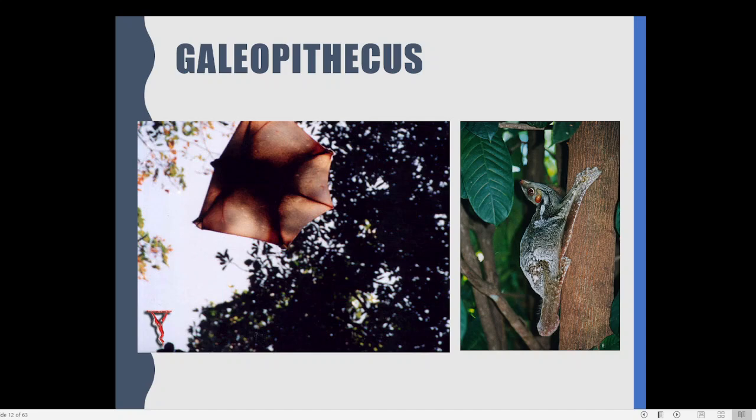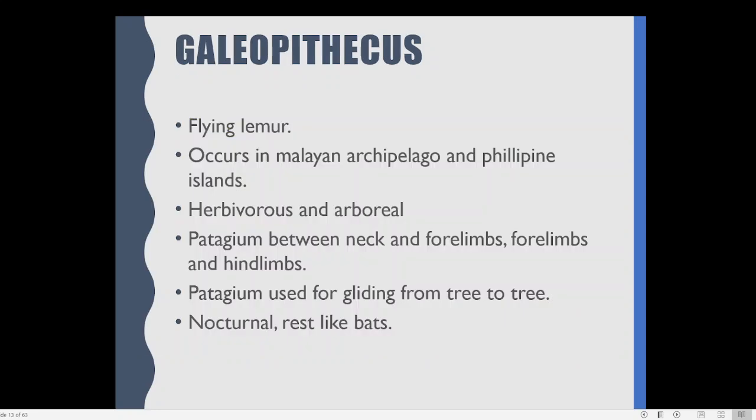They are very proficient, very good gliders, and they can travel as far as 70 meters. 70 meters means this classroom is maybe less than 10 meters, so you can imagine how far it can glide, about 10 times the size of our classroom. That is one important peculiarity of Galeopithecus, which is commonly found in Malaysia as well as the Philippines.